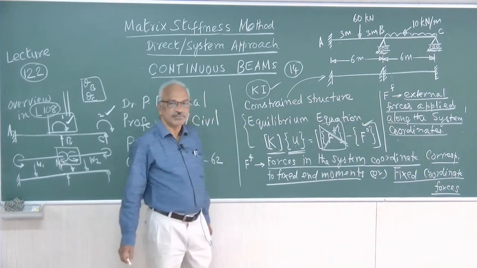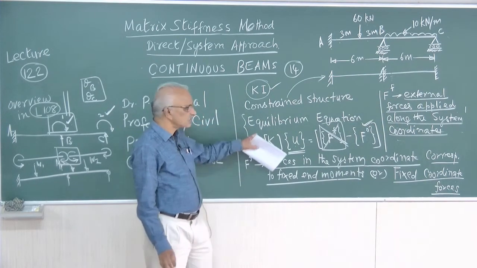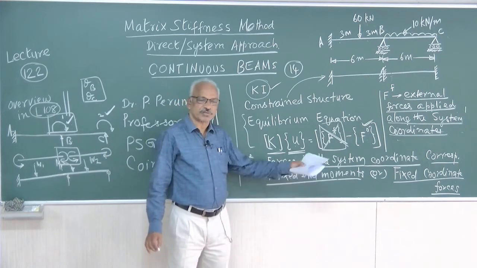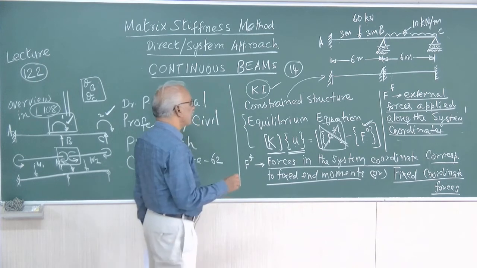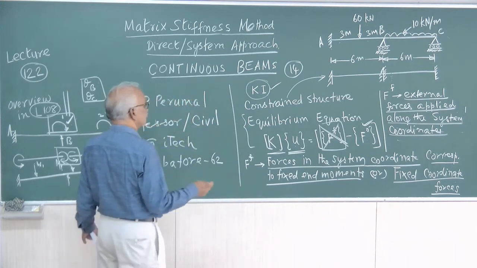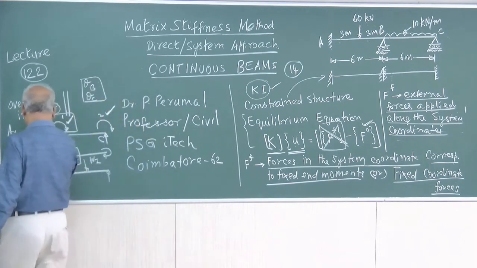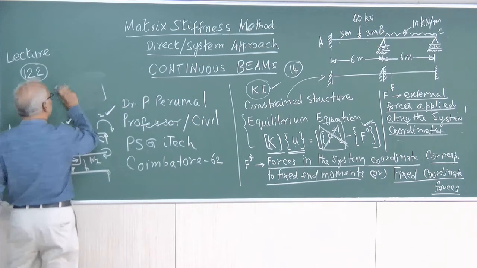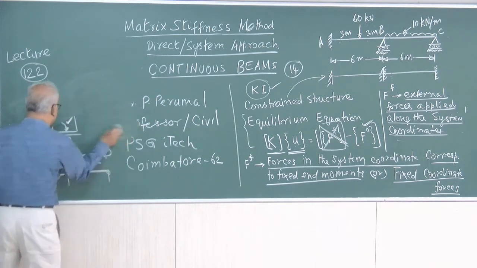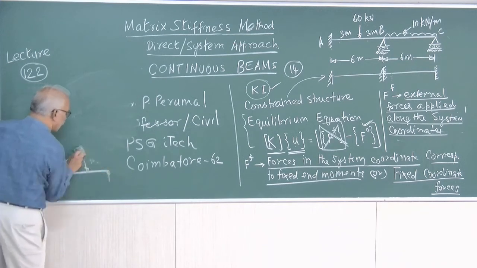If these terms are clear, the procedure will be simpler, because understanding and writing these terms carefully will help in solving the problems. With this brief introduction, we will take up the numerical example of a two-span continuous beam.